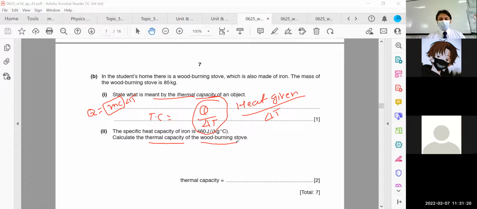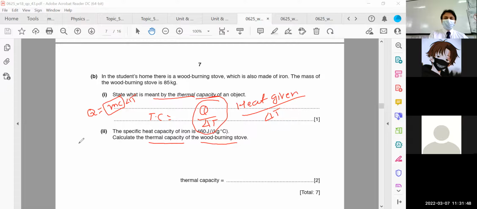The specific heat capacity of iron is given. You need to calculate what? It's a very simple question, children. Thermal capacity. Yes, you have to multiply that with 85 kilograms, that is, multiply with mass.